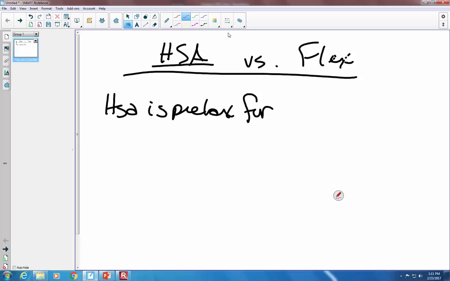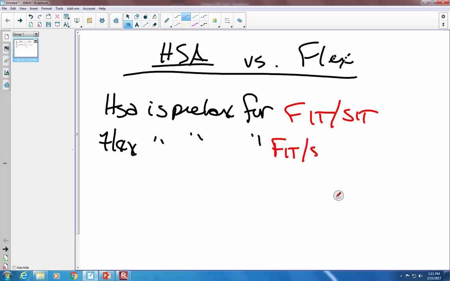FIT and SIT. If I put $100 a month into my flex, it's pre-tax for what? FIT, SIT, FICA. In fact, this thing doesn't even show up on my W-2.